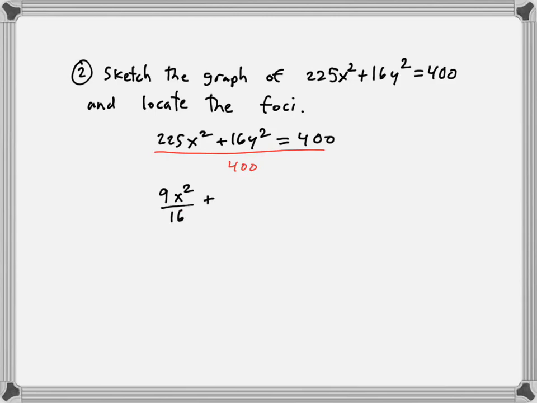And then if we divide 400 by 16, we end up with 25. So it's something like this. How do we write that in the right form? Well, the trick here is to write it like this.